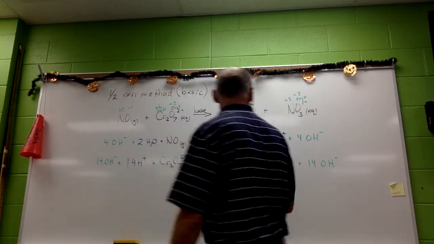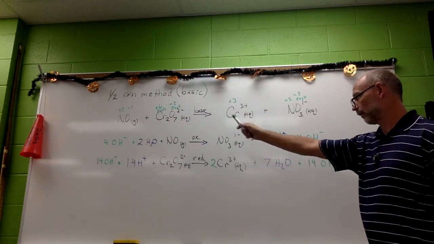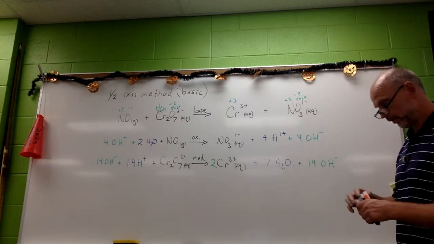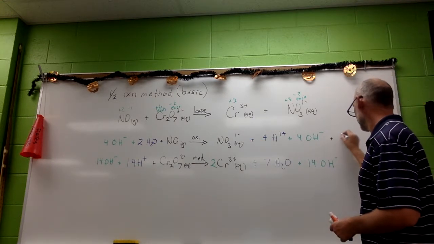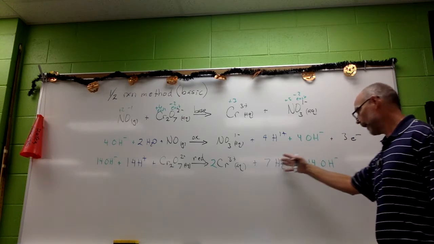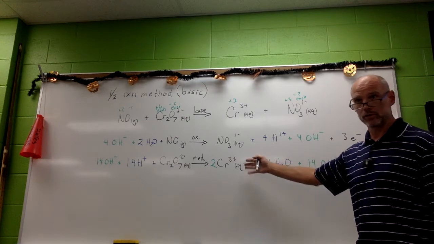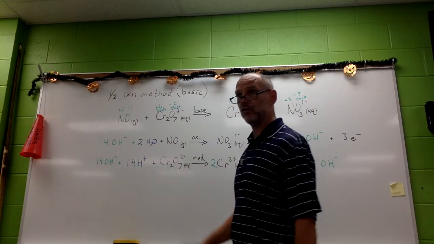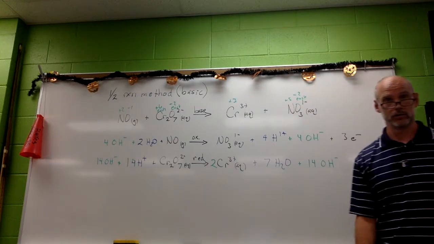Negative over here, -4, -1 over here. So we need 3 negatives over here, 3 electrons here. Over here we have a -8 net. Over here we have a -2 net.